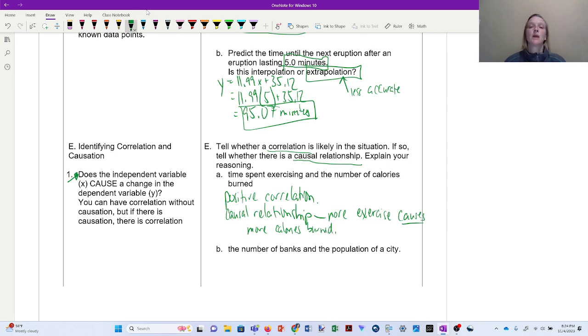Okay. In the next example, the number of banks in the population of a city. Is there a correlation there? Well, it's true that you're likely to find more banks in a big city that has a lot of people. So there could be a positive correlation there, maybe.